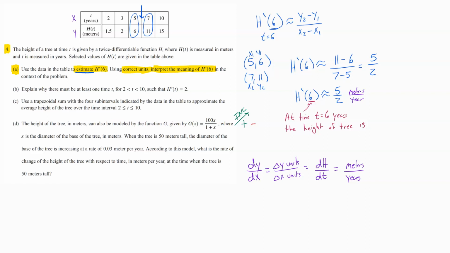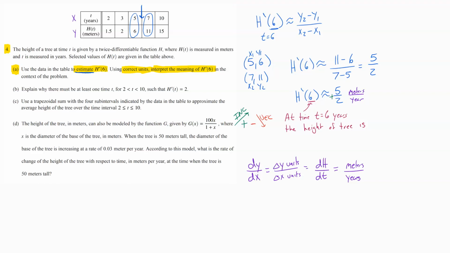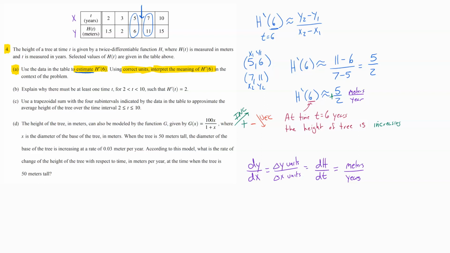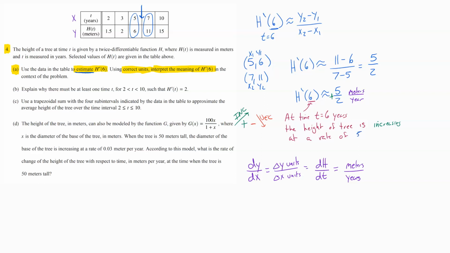If we have a negative derivative, that tells us that it's decreasing. So our little model here says that we've got a positive derivative. So the height of the tree is increasing at a rate of, and then that's where you would put in your derivative value. And so you would say this at a rate of 5 over 2 meters per year.